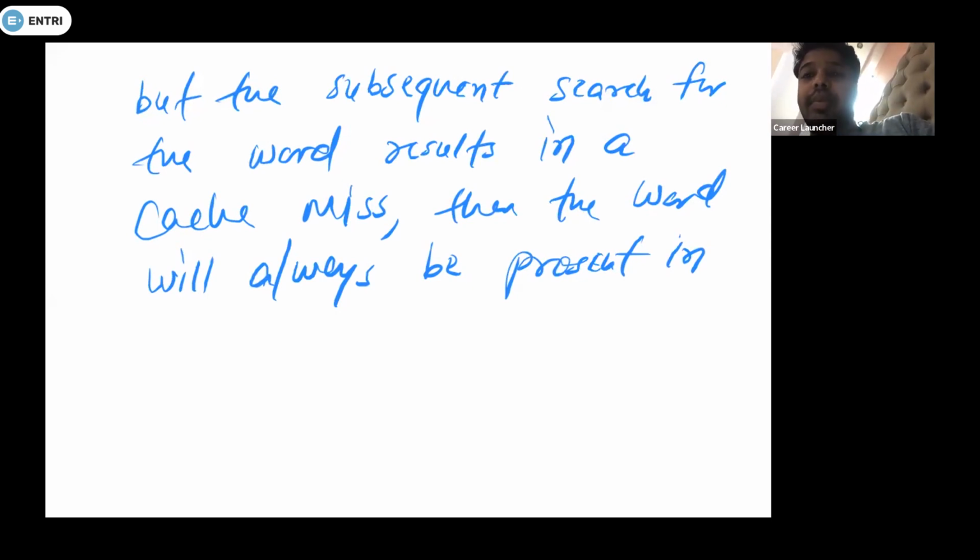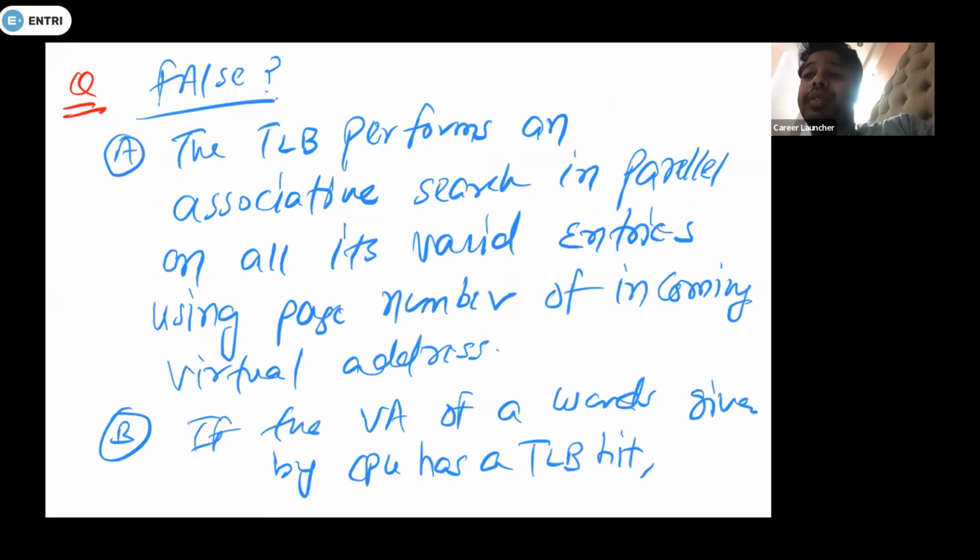The TLB performs an associative search in parallel on all valid entries using the page number of the incoming virtual address. Yes, it is true, the TLB searches in parallel. The question is asking which one is false. So A is a true one.